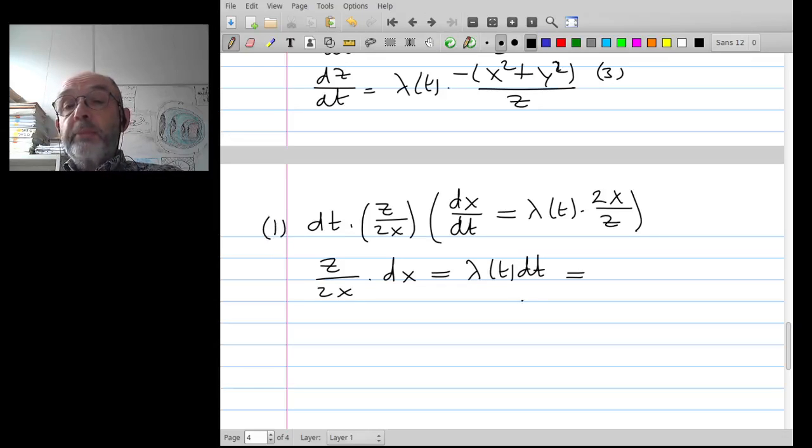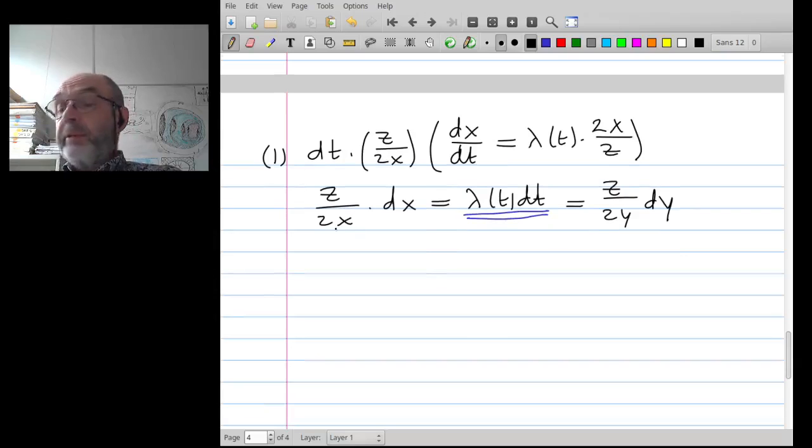In the same way, we can also manipulate the second equation, and we also get something for that lambda(t) dt, which will be equal to z divided by 2y dy. So here we get some nice equation. We see some z's, those we can divide away, and then we can integrate those two equations.